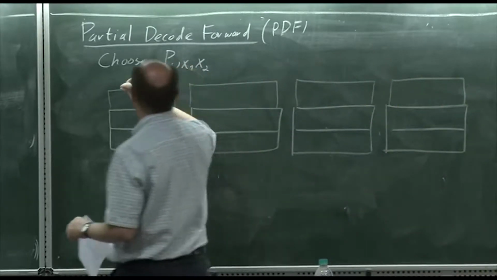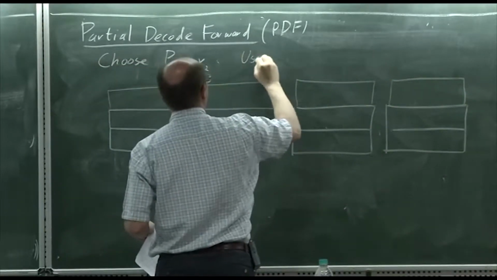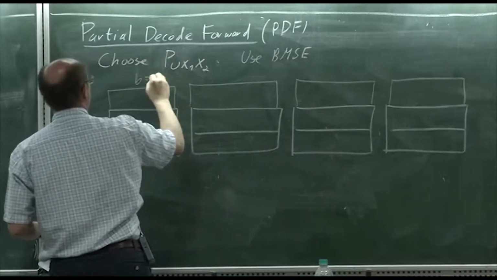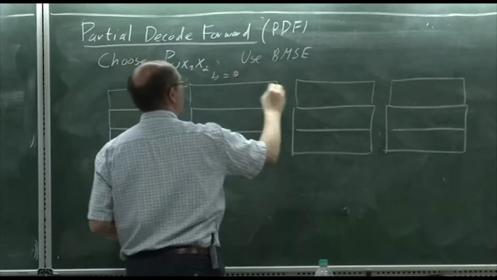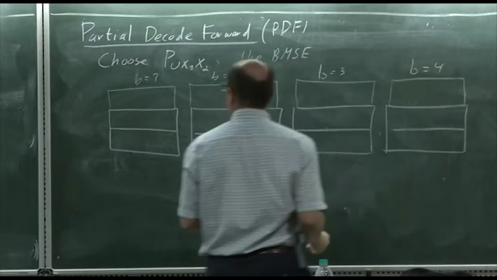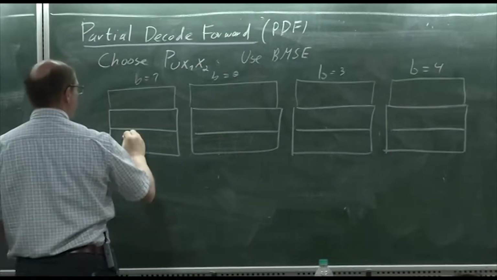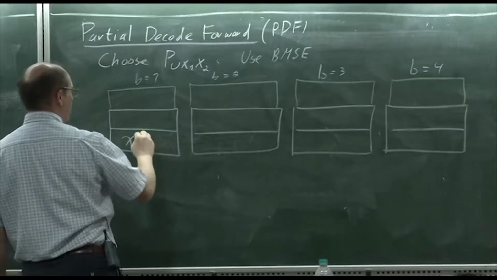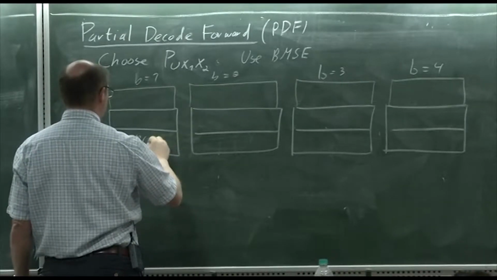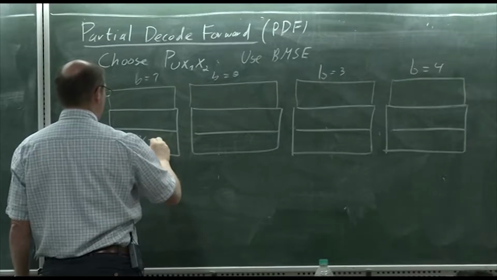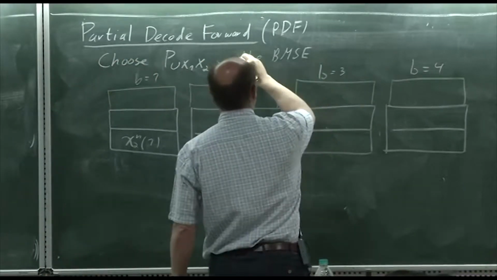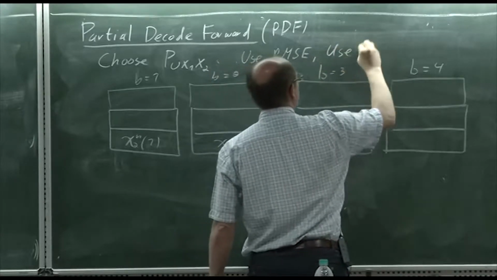We'll again use block Markov superposition coding. So same idea, b equals 1, b equals 2, b equals 3, b equals 4. Base layer as before, x2. Maybe we'll do it by backward decoding. We can do either sliding window coding or backward decoding. Here we'll have to use rate splitting.